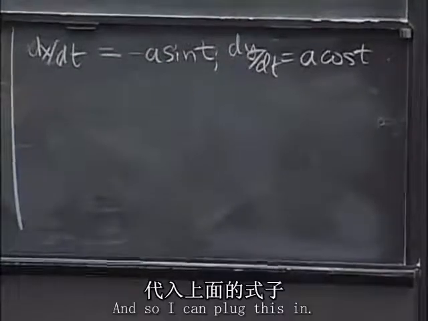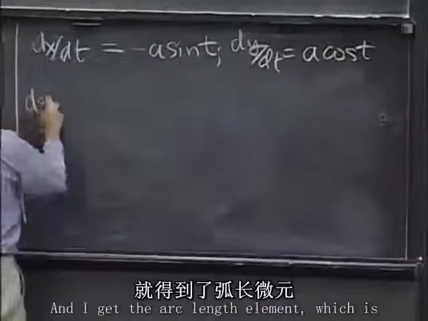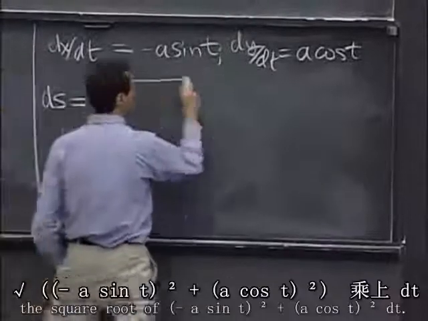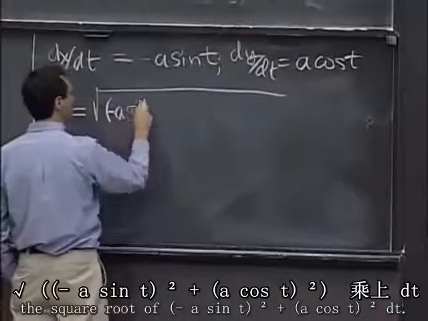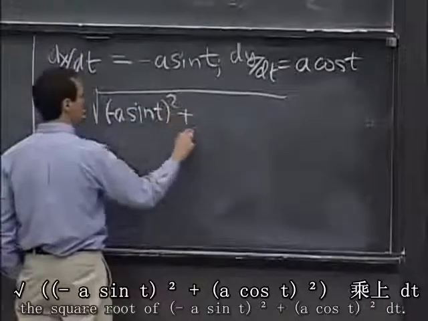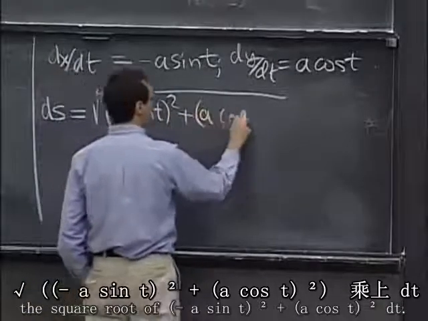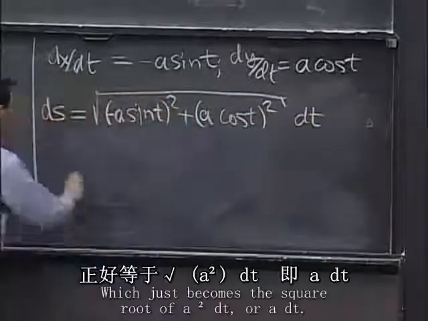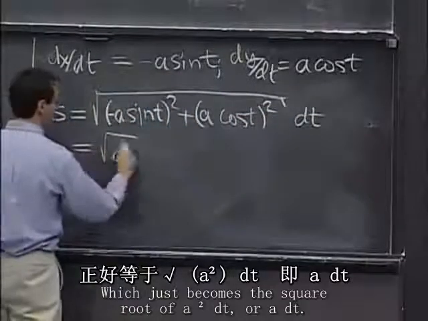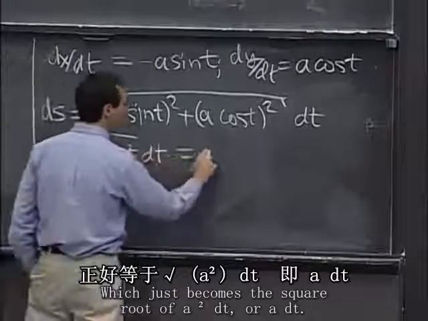And so I can plug this in, and I get the arc length element, which is the square root of minus a sine t squared plus a cosine t squared, dt, which just becomes the square root of a squared dt, or a dt.